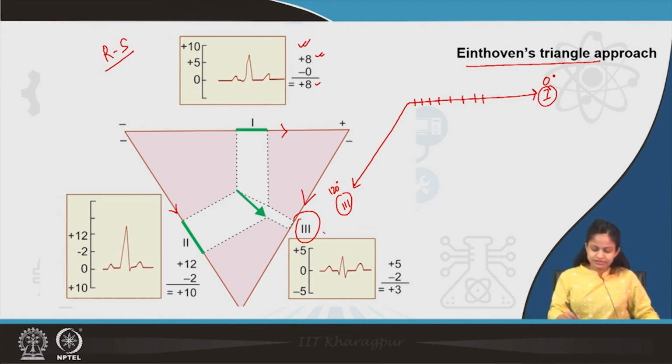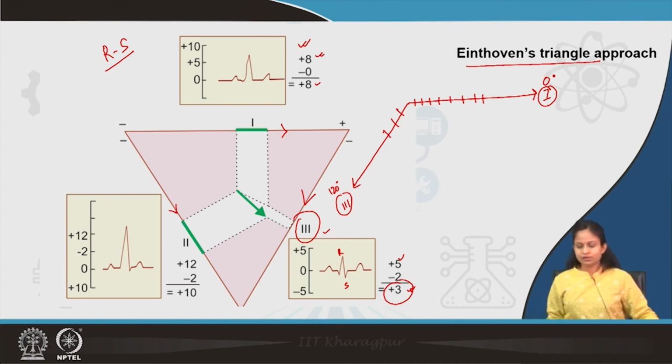Next, if we see lead 3, here in lead 3 we could see a negative wave, that is the S wave also, and this is the R wave. The R wave is giving a deflection of plus 5 millimeters and the S wave is giving a deflection of minus 2 millimeters. So, plus 5 minus 2, this is plus 3. So, plus 3 we will be plotting in lead 3, 1, 2, 3.